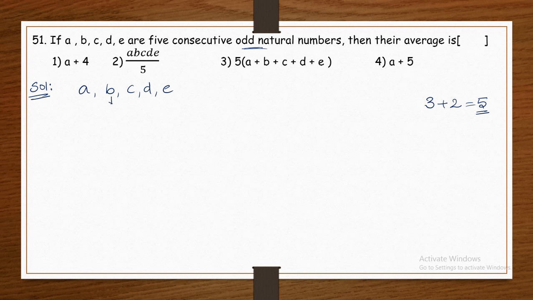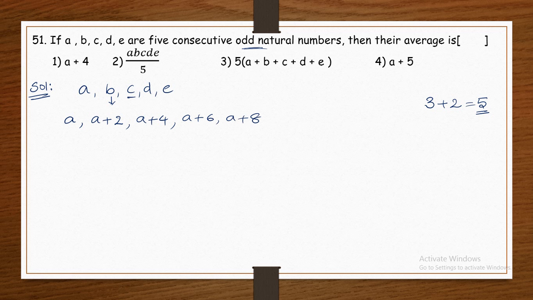Now if I start with A, so if A is my first natural number, then B is obtained by adding 2 to A. This becomes A plus 2. The same way, if I want C, then directly I can add 2 times 2, that is nothing but 4. The same way, if I add plus 2, then I am going to get the next odd natural numbers.